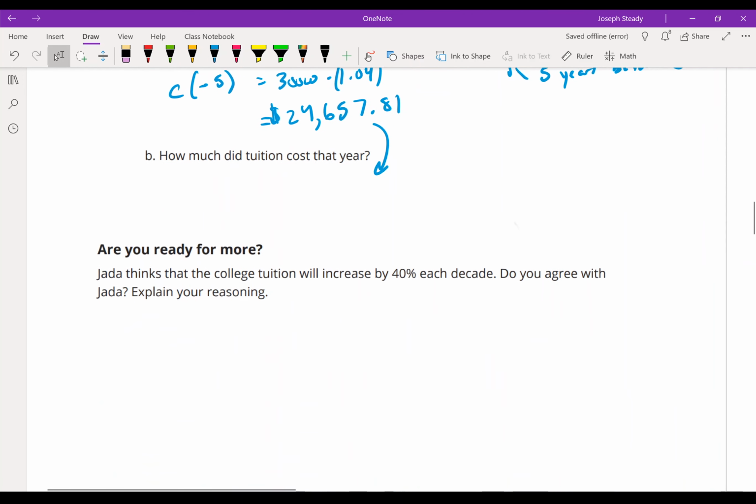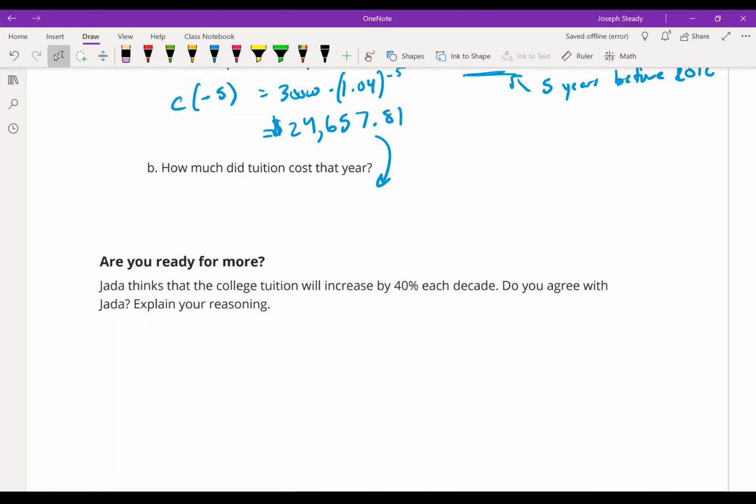There is one last piece I want to do here, which is an are you ready for more problem, which I think is a really good one to look at. Jada is predicting that because it goes up 4% each year, the tuition will increase by 40% each decade, or every 10 years. We can check that pretty easily by figuring out what happens if I do 1.04 times 1.04 times 1.04, 10 times. So we can just do 1.04 to the 10th and see what we get.